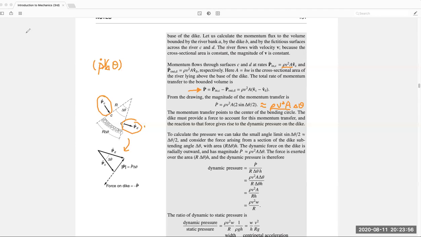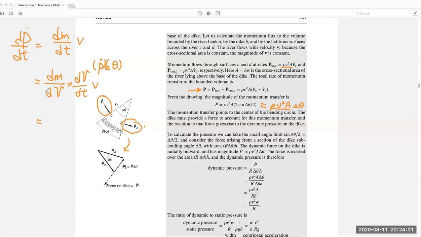The change in momentum, dP over dt, can be written as dm over dt times the velocity. The velocity is constant, so it can be written as dm over d volume times d volume over dt.